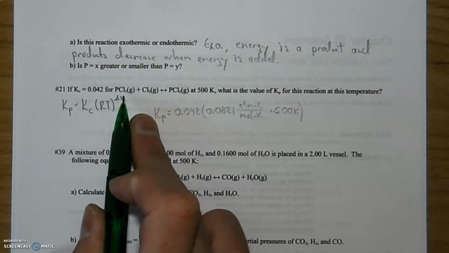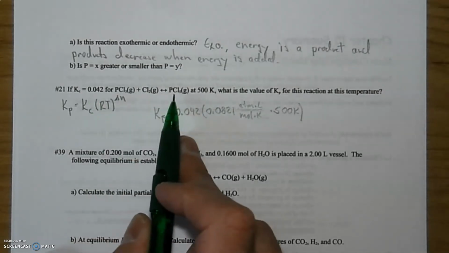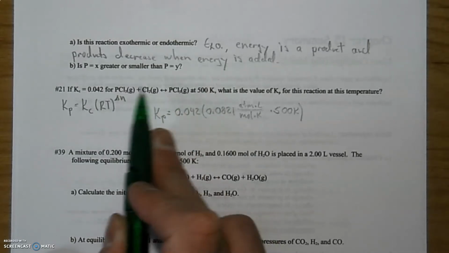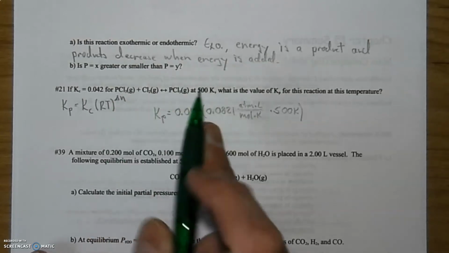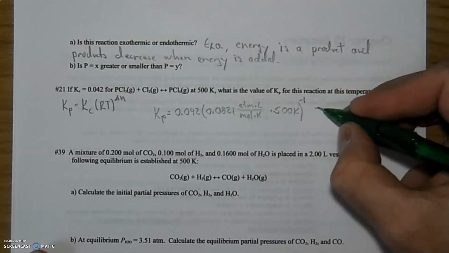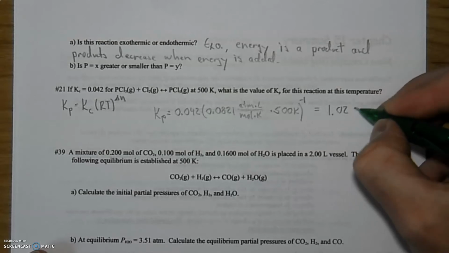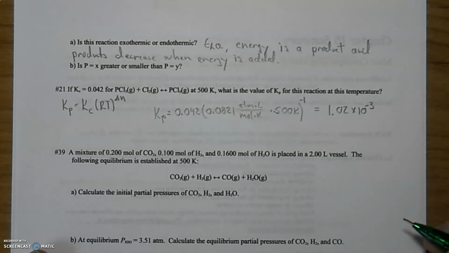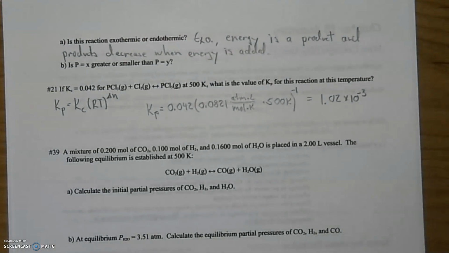It's going to be, again, products minus reactants. For the products, I have 1 mole, it's a gas, minus 1 plus 1 is 2. So 1 minus 2 is negative 1. And if I plug all that into my calculator, I'll get 1.02 times 10 to the negative 3. There we go. That one is done. Right, that's the end of the second lecture.